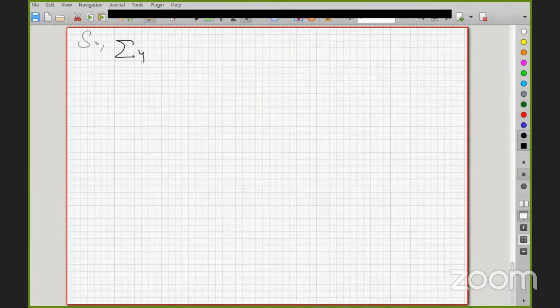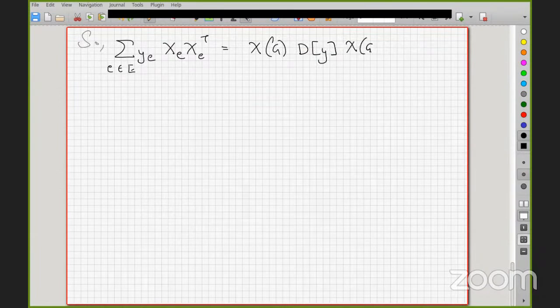So we had the summation of y_e chi_e chi_e transpose over e in E, which we proved is equal to this: X_G, and let me call this D_y, the diagonal matrix of y, times chi_G transpose. Now, what is this diagonal matrix of y? It is just multiplying the corresponding columns.